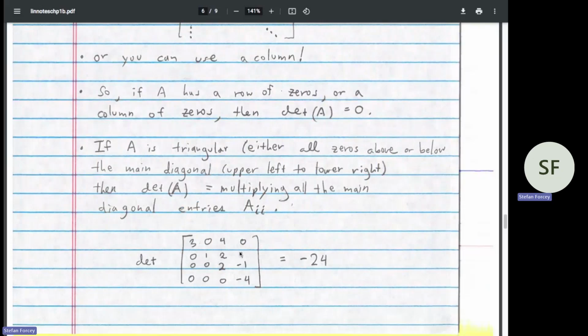Then in the smaller matrix, when you cross off the first row and first column, same thing, you'll go down the column again. So eventually you just get the multiplication of the numbers on the diagonal. In this case, I get 3 times 1 times 2, 6 times -4 is -24.